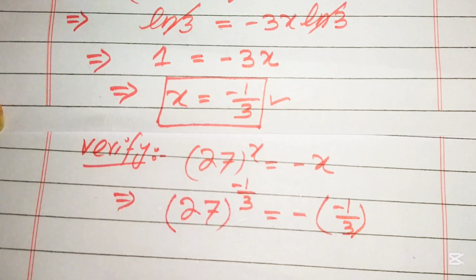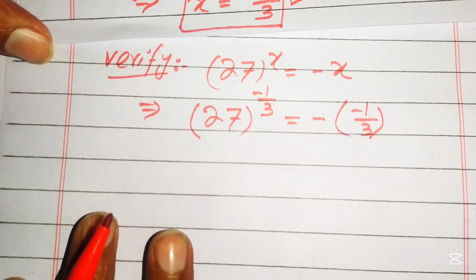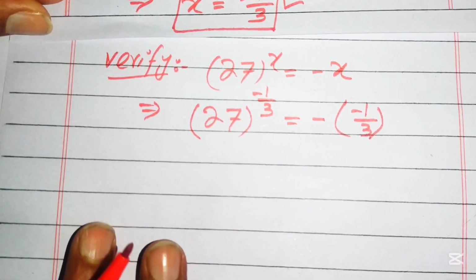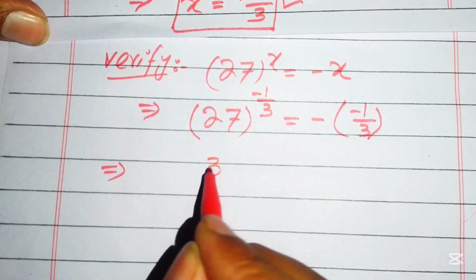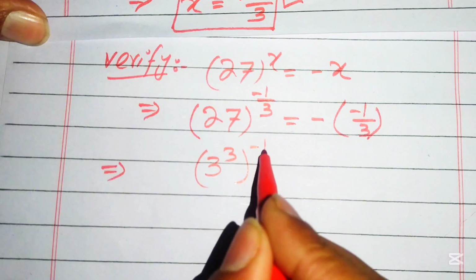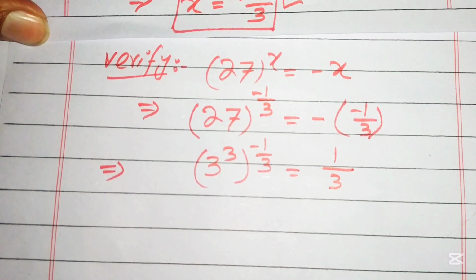Okay, now we need some working on this. We first write this 27 as 3 cubed, and its whole power minus 1 over 3 equals, this is minus times of minus becomes plus 1 over 3.